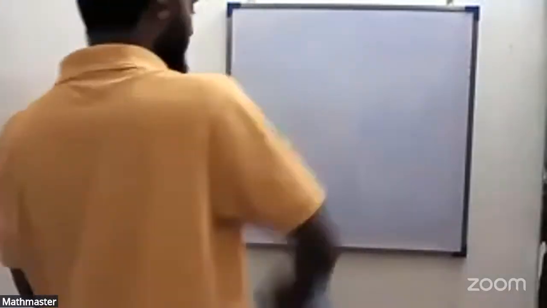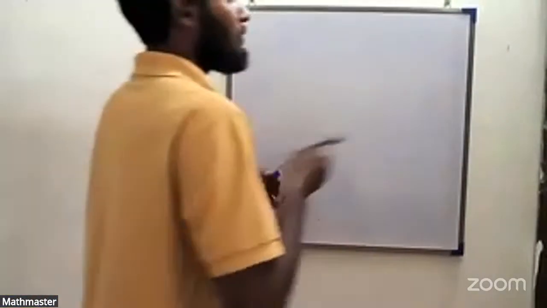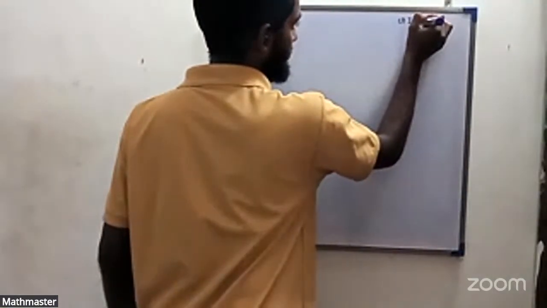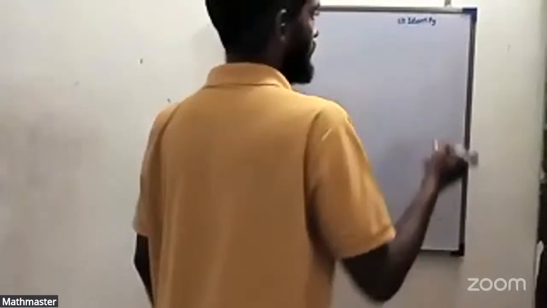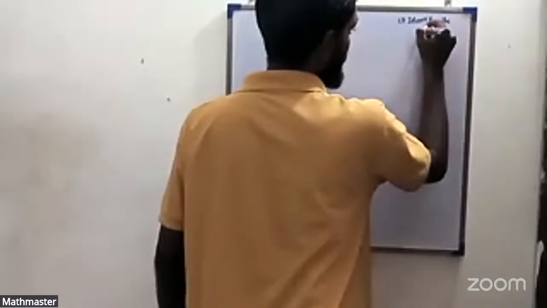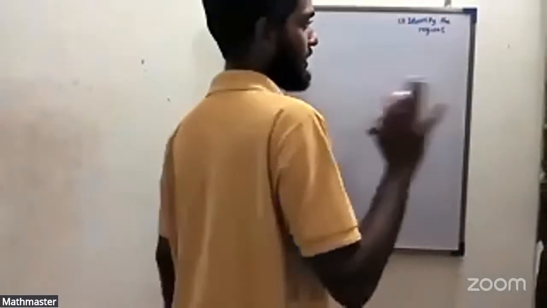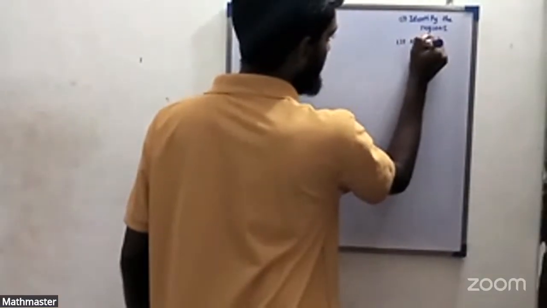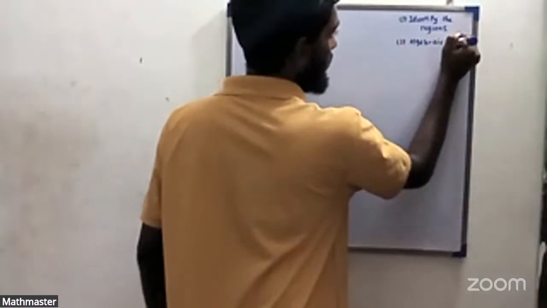Now in sets, I'll give a small hint on how to do these questions. First of all, you have to identify the regions. That means you have to be fluent with the set notations. Second, you have to be fluent in algebraic expressions, that means you have to use algebraic notations to find answers.